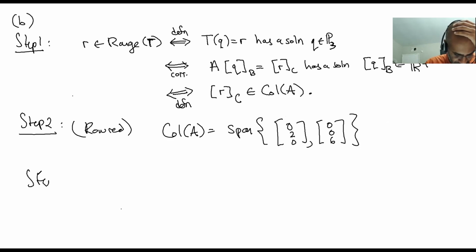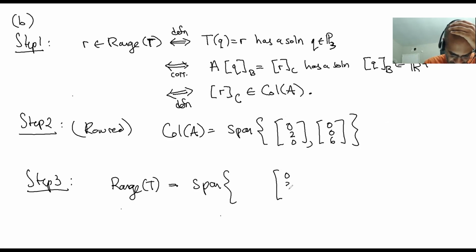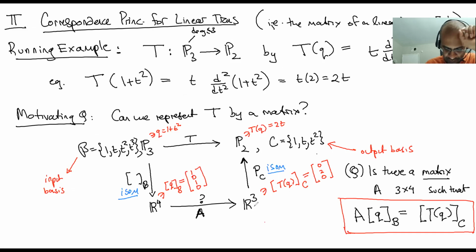And now step 3 is to translate back. So therefore, the range of T is equal to the span of these vectors, but not really these vectors, right? You have to translate them back into lying in W. So what linear transformation are you going to hit them with to translate a vector from R3 to a vector in P2?